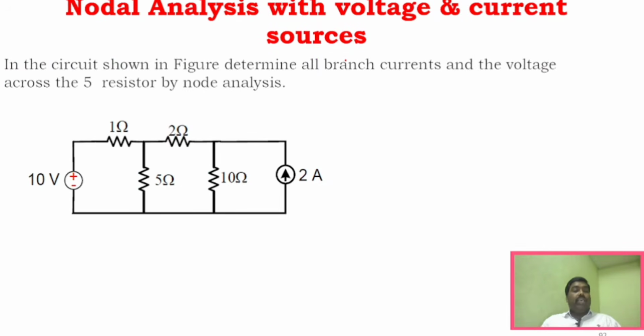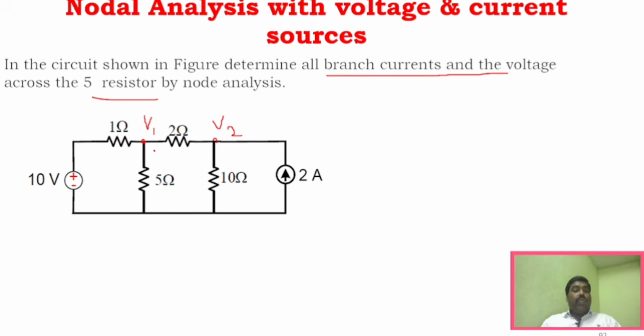The first thing in this particular circuit, we need to find out the branch currents and the voltage across the resistor 5. So now what we have to do is find the equations. First, I'm going to consider this node as V1, and this as V2, or VA or VB, anything you want.